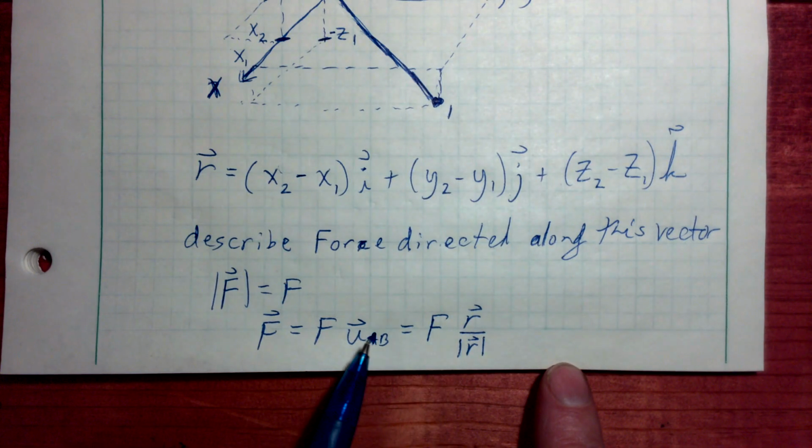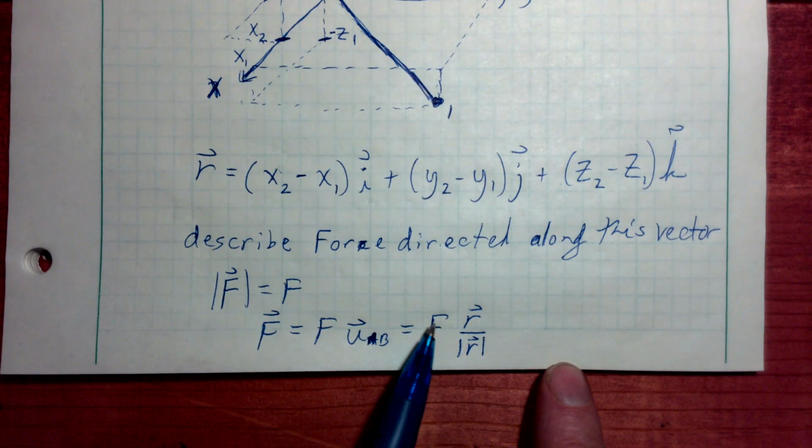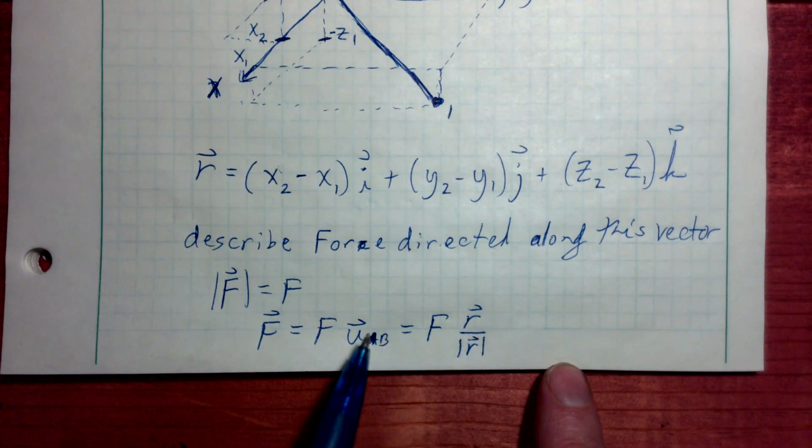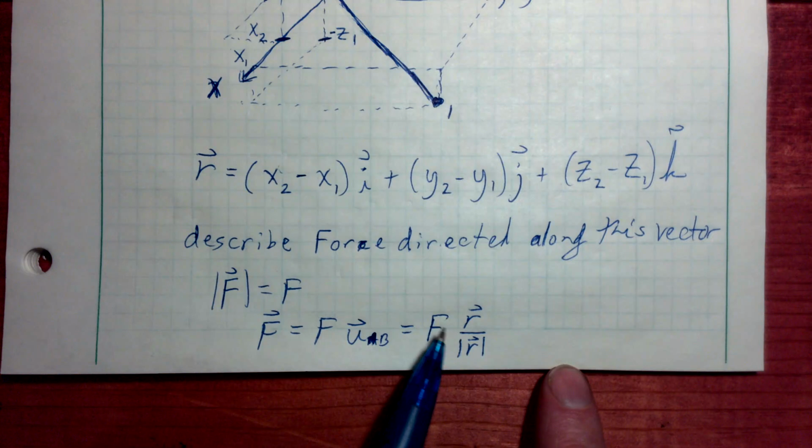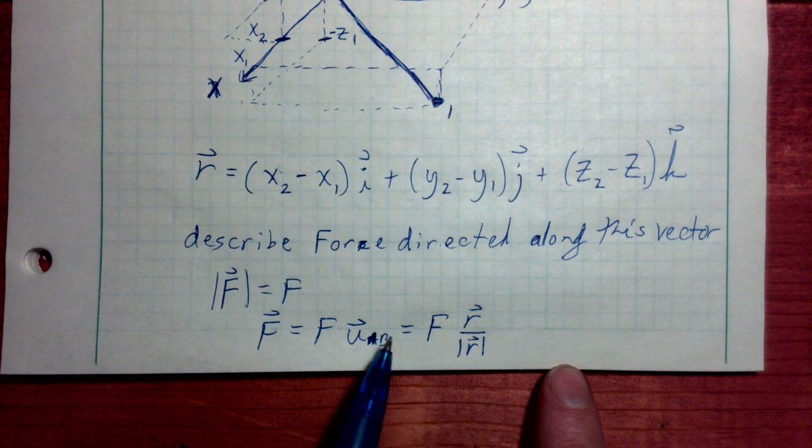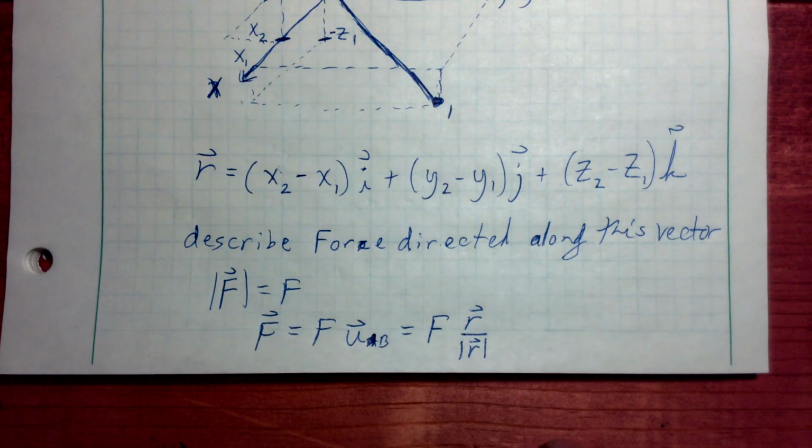That gives me a unit vector in the direction from A to B, or 1 to 2 in this case. And I could just multiply this magnitude by this unit vector. The unit vector is going to have components and direction, so that allows me to describe this force applied along a vector that has the direction of R.